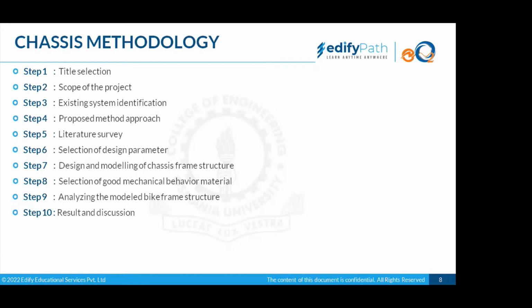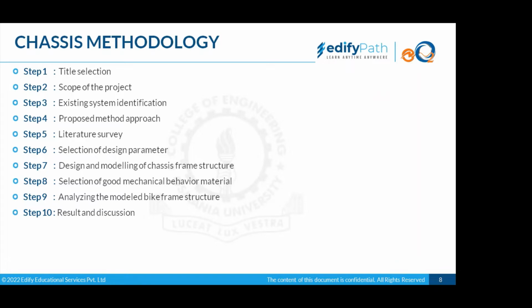So this is the entire life cycle. From step 1 to step 10, these are the different steps mentioned, which give you an idea when you are designing a chassis.